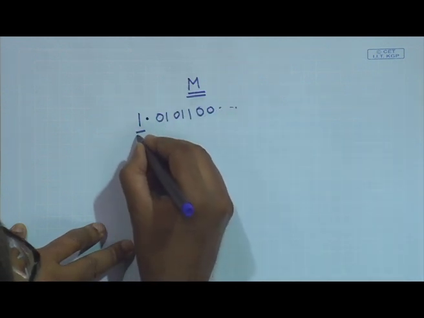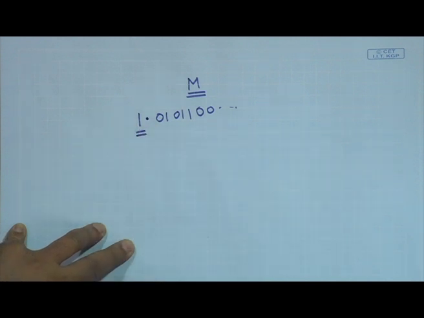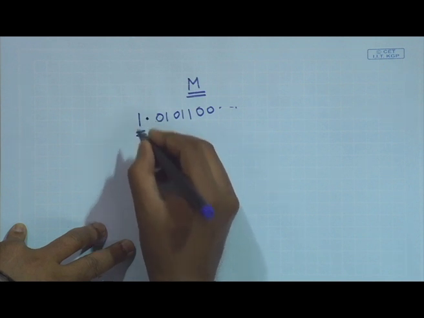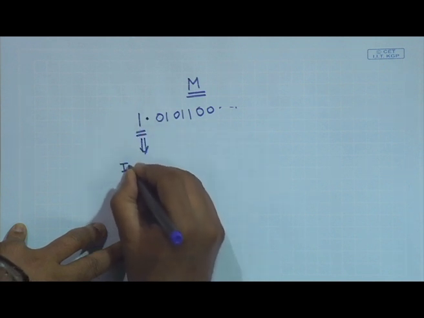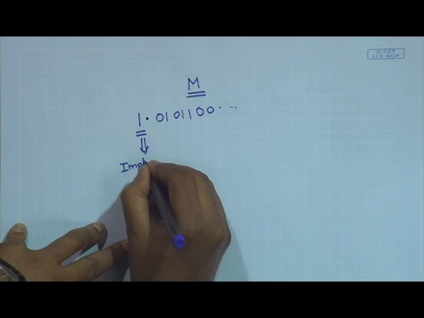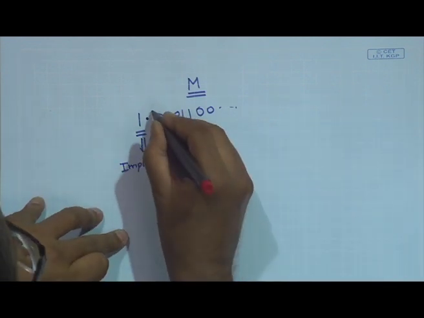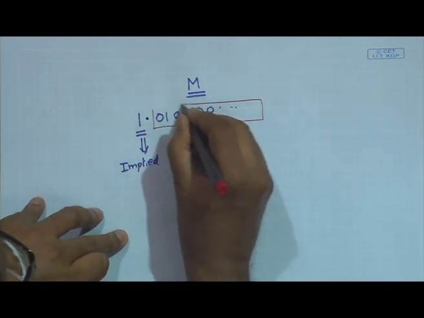So, the first digit is always 1. Because of that, you assume that this is an implied bit, and because it is always 1, you do not store this, you store only the remaining bits.